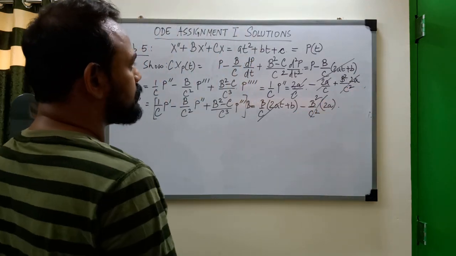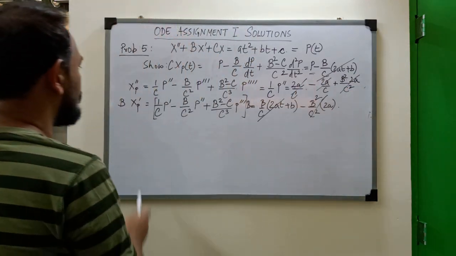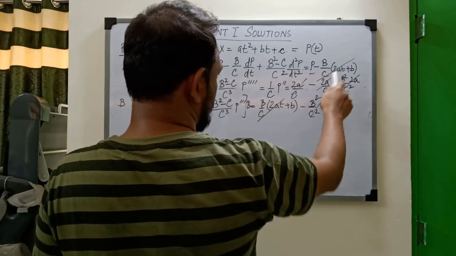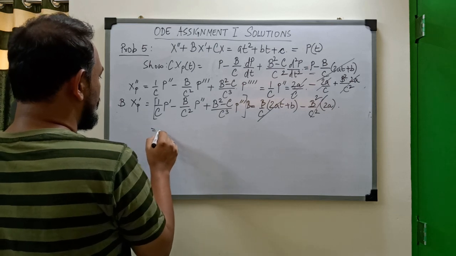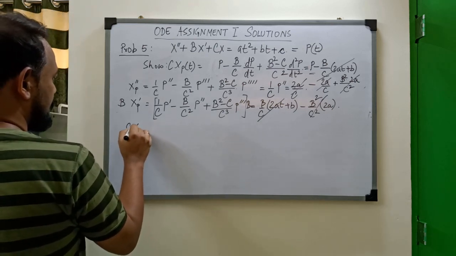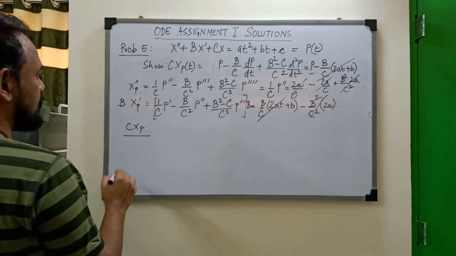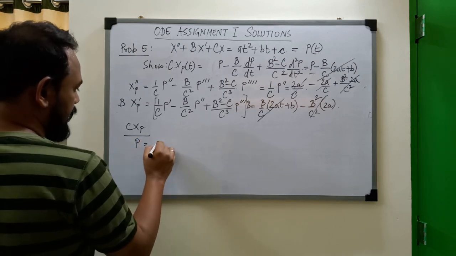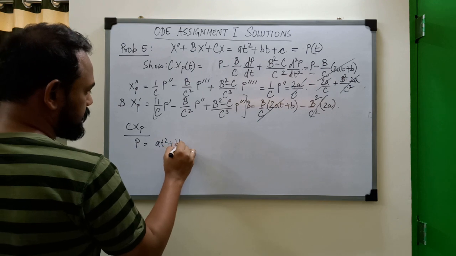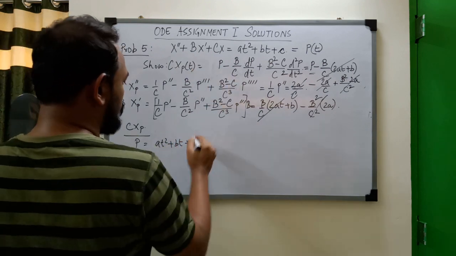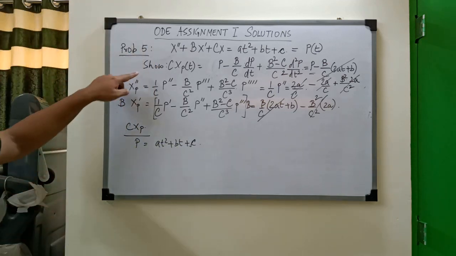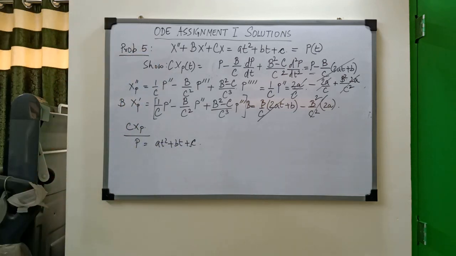So you are just left with this p. Remember, I was adding this one and c times this one, which is this. So you're left with p. So adding all three, I get p, which really is at square plus bt plus small c, and that's your right hand side. So this really is the particular solution for this differential equation.